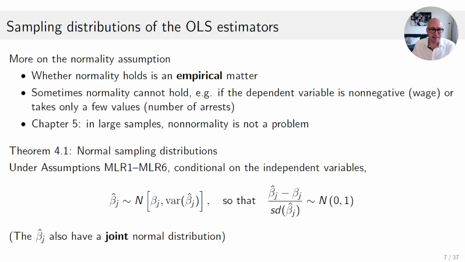And besides that, it's actually true that the beta j hats have a joint normal distribution, right? This statement is about one beta j hat, so that's a normal distribution, and I have many of these beta j hats, one for the intercept and k slope coefficients in the general version of the model, and then they're going to have a joint normal distribution.